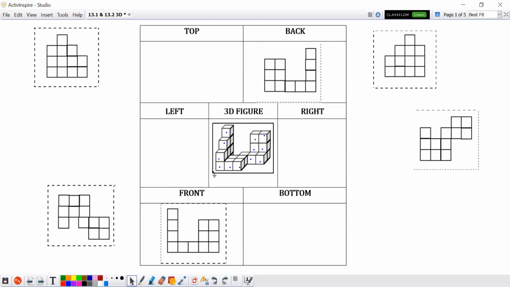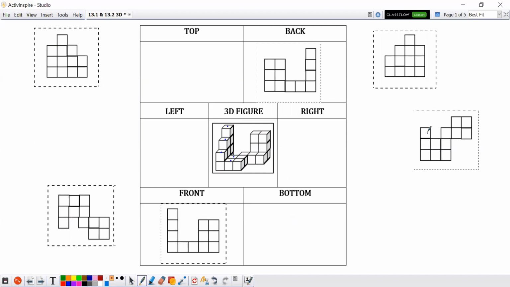So now I'm going to look at my top view. For my top view, if I was standing right on top of it, I will be looking at 1, 2, 3 cubes from the top. So some of these ones have 3 cubes. Then I would see 1, 2 more cubes on the second column.